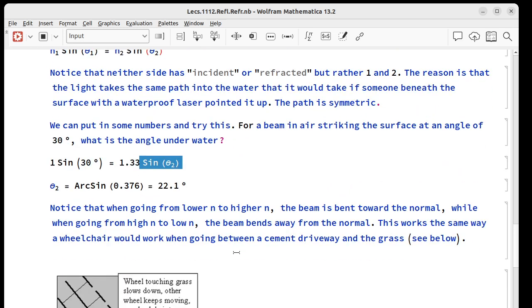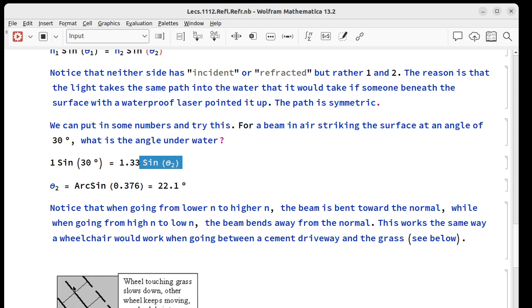This is the same way, by the way, if you want a mechanical analogy for this, if you imagine you're riding in a wheelchair on a cement driveway, that's low index of refraction, you can go fast. If you look at this as the wheels and the axle, as they move towards grass, the first wheel that touches grass is going to slow down, and the other wheel that's still on concrete will swing around.